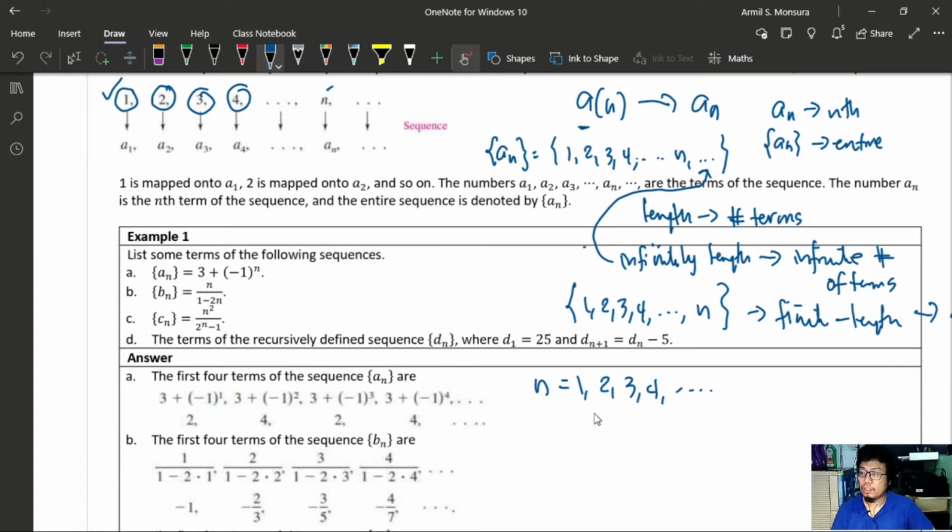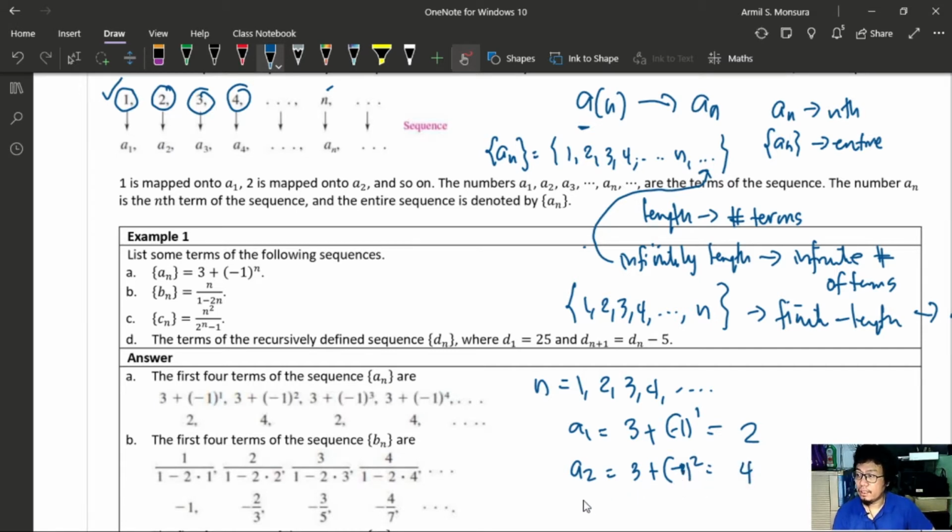If you compute the value of a1, that becomes 3 plus negative 1 raised to 1, which is 3 plus negative 1, so that is 2. a2 equals 3 plus negative 1 squared, so this is 3 plus 1, because negative 1 squared is positive 1, so this is basically 4.